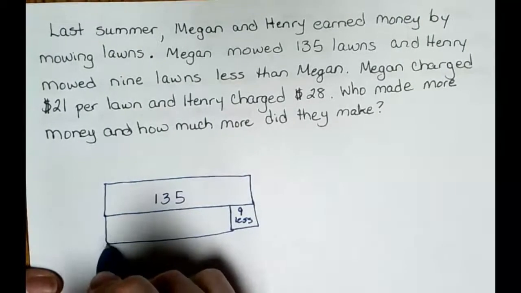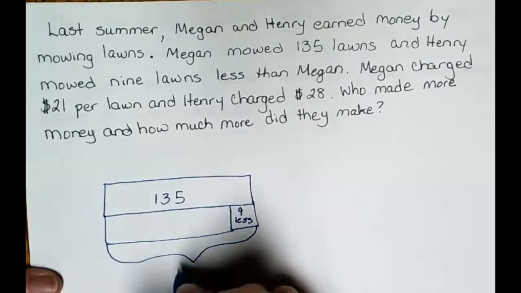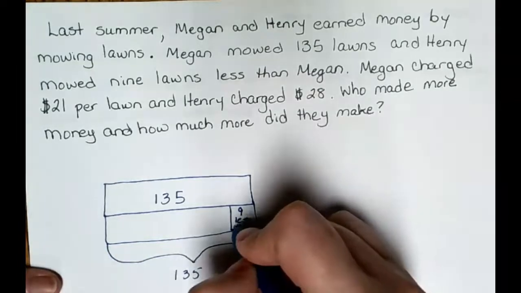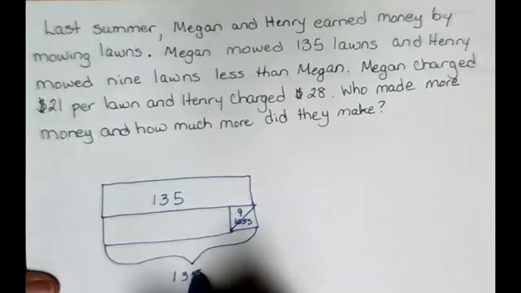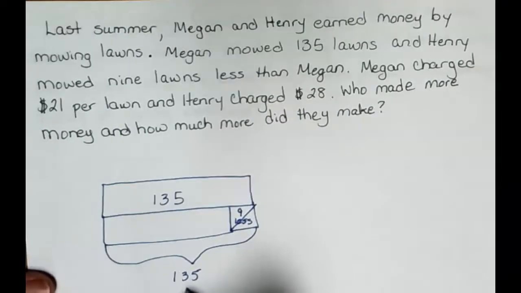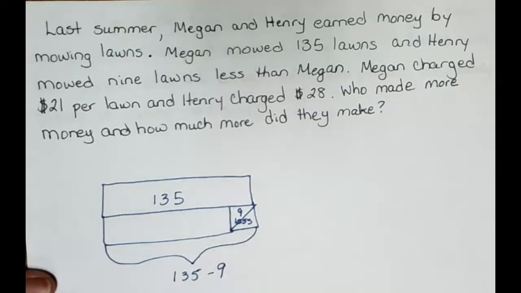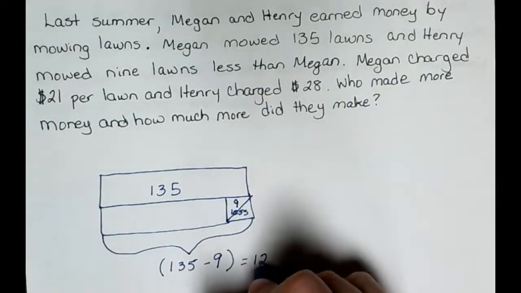I know that this is 135 lawns, and that he mowed 9 lawns less. So that tells me if I take 135 and subtract 9, I should be able to find out how many lawns Henry mowed. But by doing the math, I found out that Henry mowed 126 lawns.